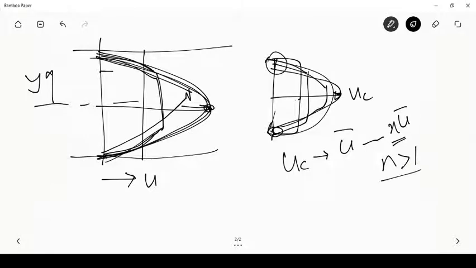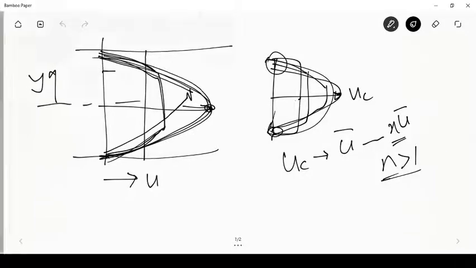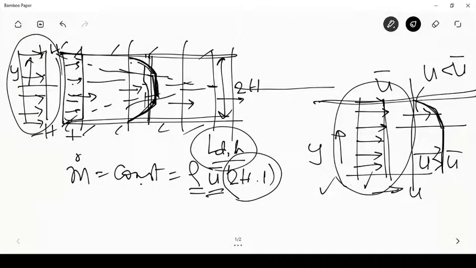So this number would go on increasing as we go and finally become a constant. So after the length LDH, the velocity profile will stop changing any further and you will get a velocity profile which is invariant with x.